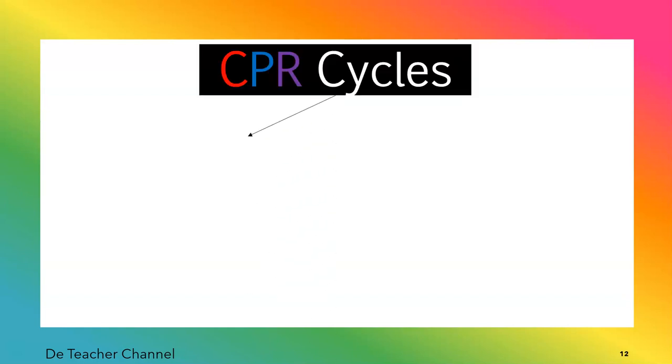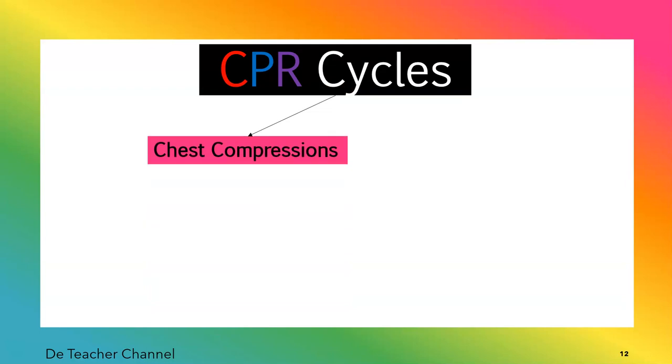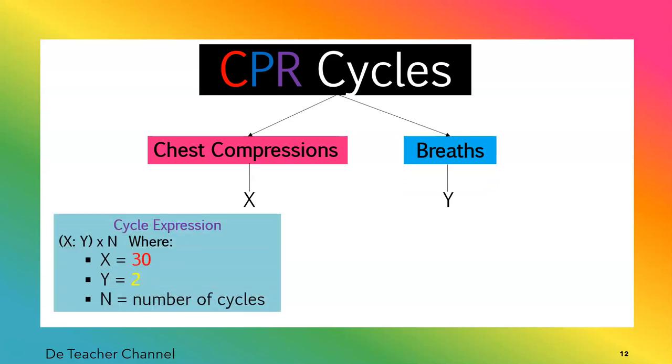So, CPR cycles. Chest compressions, you do X number of times, and then breaths, you give Y breaths. So X compressions, Y breaths. This is the cycle. You do XY N times.